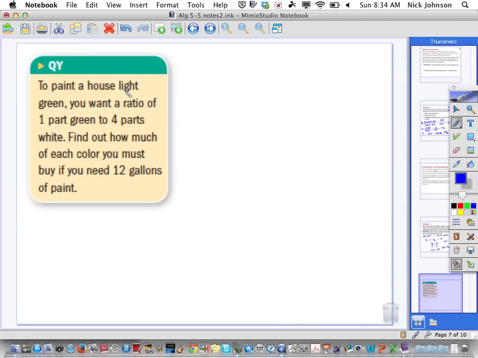To paint a house light green, you want a ratio of 1 part green to 4 parts white. Find out how much of each color you must buy if you need 12 gallons of paint. So once again, I have to do my parts deal. I have 1 part green plus 4 parts white has to equal 12.